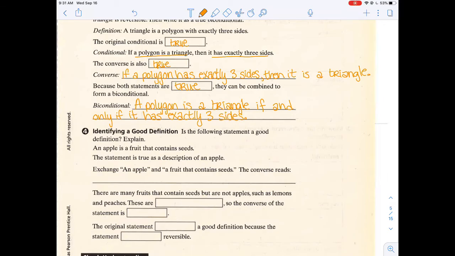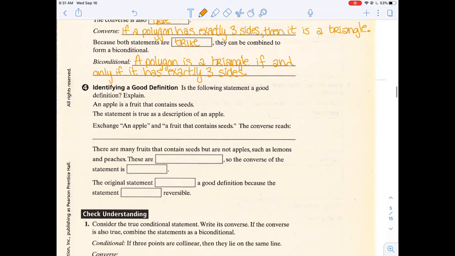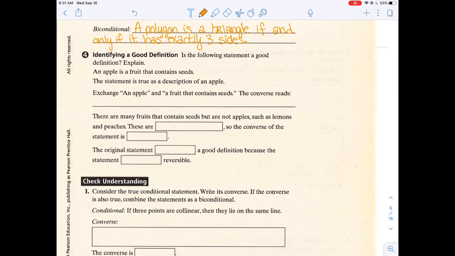That is all there is to it. And this one, they told you this was a good definition. Sometimes you'll have to check, so you'll try to say it forwards and backwards, and if one of the parts is false, then it's not a good definition.